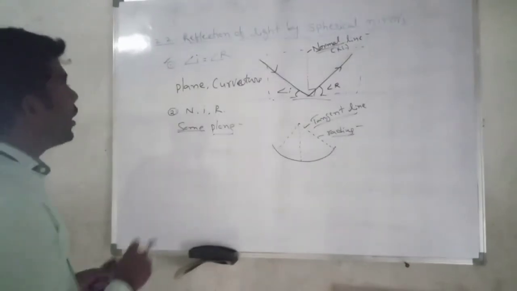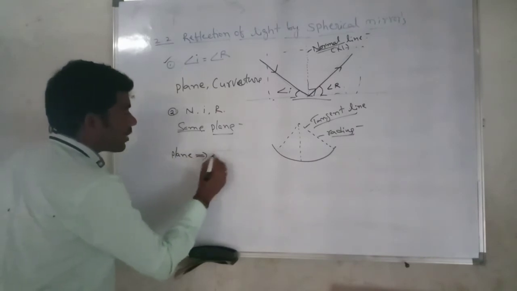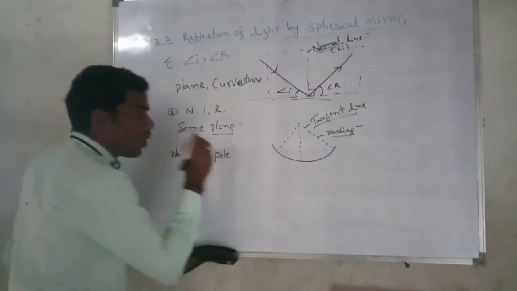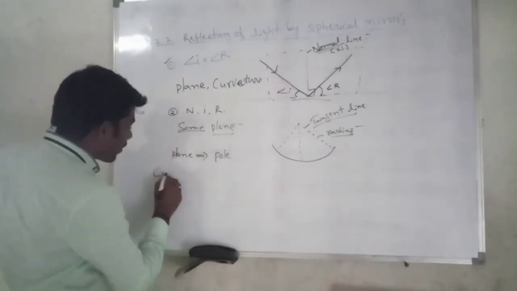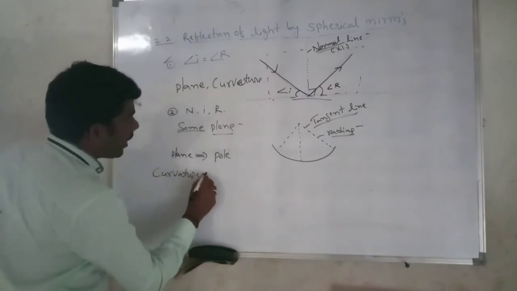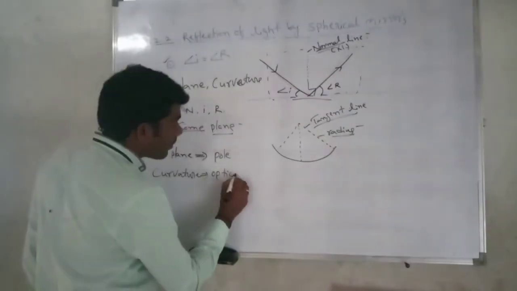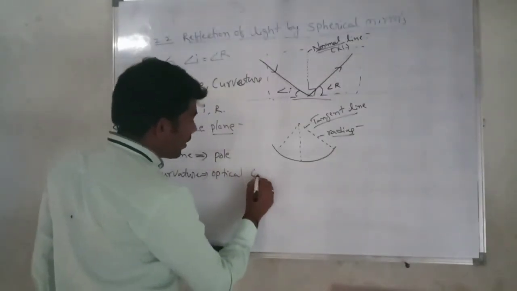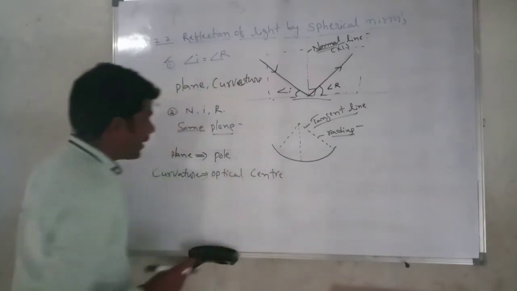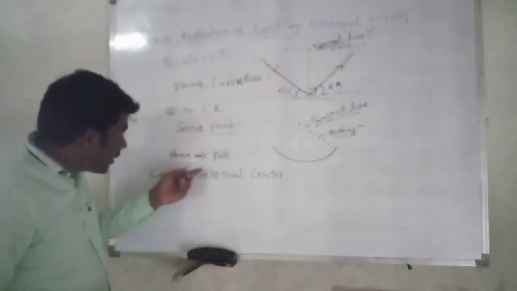If the midpoint of a plane surface is taken as the pole, then in a curvature surface the same point is taken as the optical center.